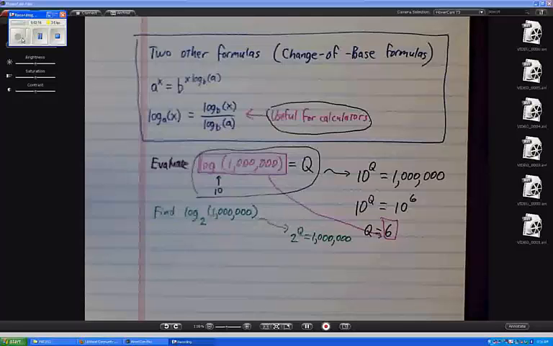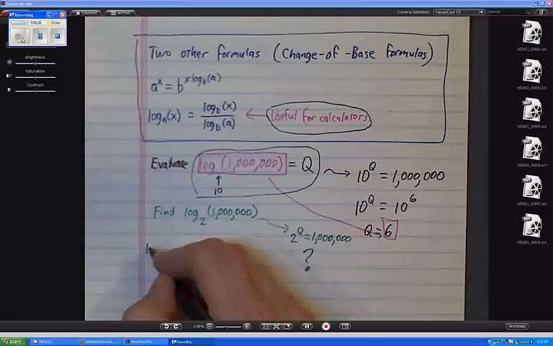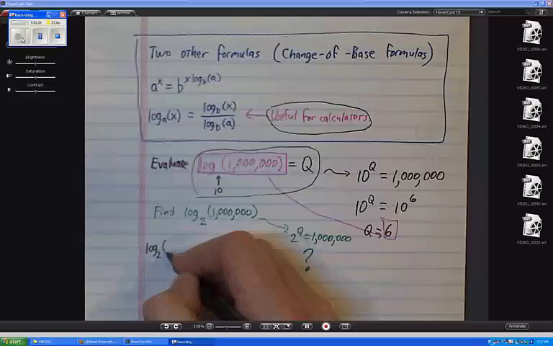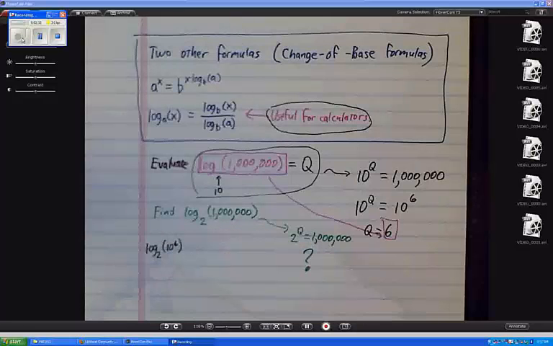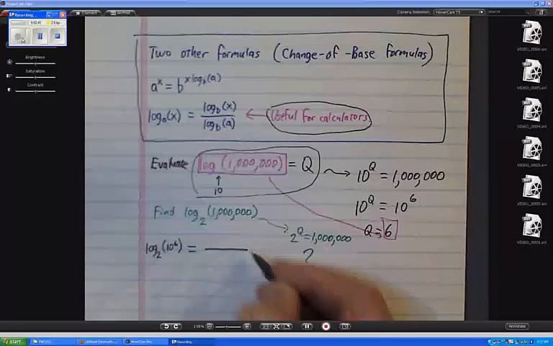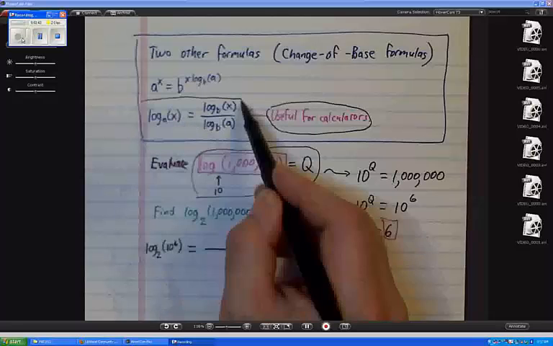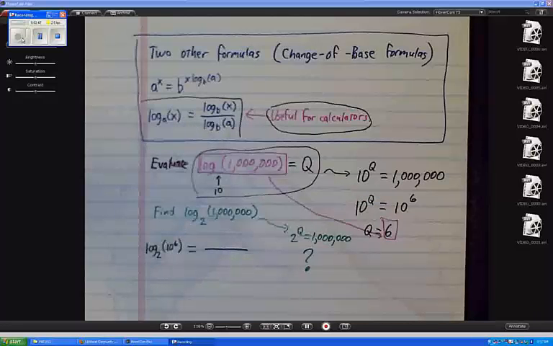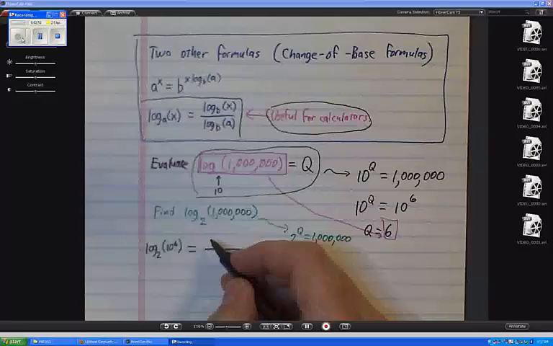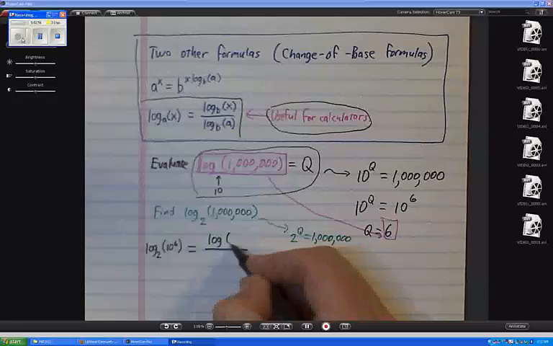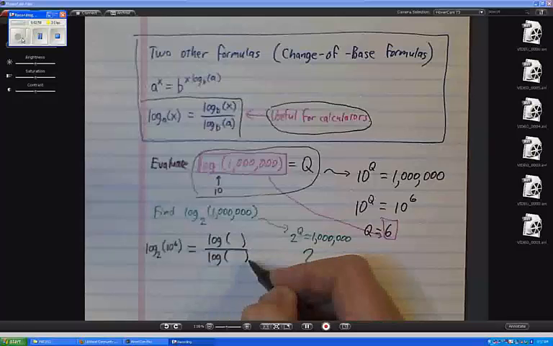So instead I'll use the change of base formula. The log base 2 of 10 to the 6th, just for kicks, because that'll shorten it, scientific notation, is going to be equal to a ratio. What base do you think I want to change to? 10, right. So we'll write it as the log base 10 of something over the log base 10 of something. I guess I just have to know what goes where.